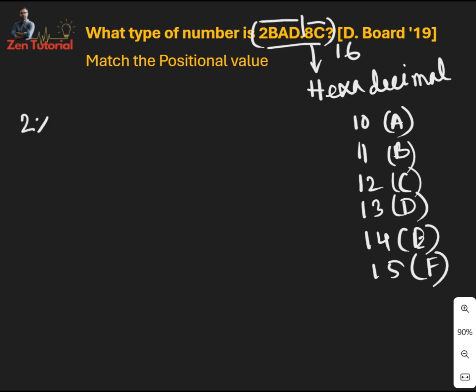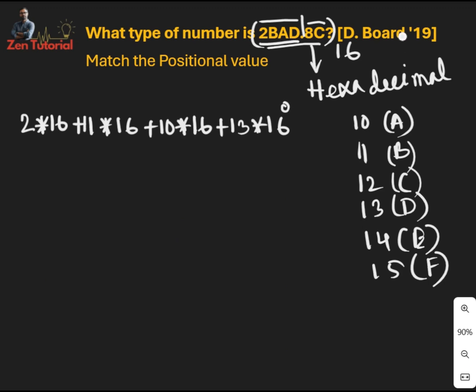So 2 times 16 plus B represents 11, 11 times 16 plus A represents 10 times 16 plus D represents 13 times 16. So for the integer number, D is actually the LSB.